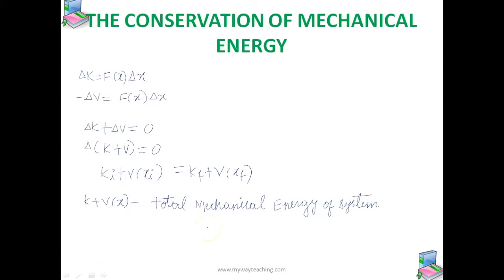Individually, the kinetic energy K and the potential energy V of x may vary from point to point, but the sum is constant. Only the sum is constant, not the individual energies.